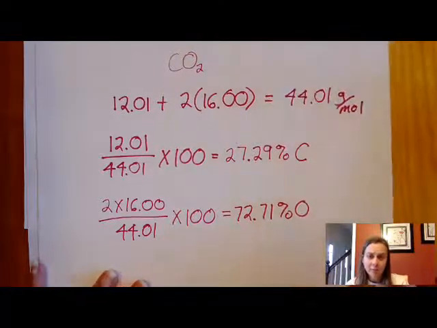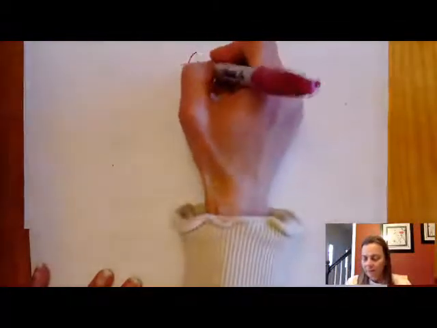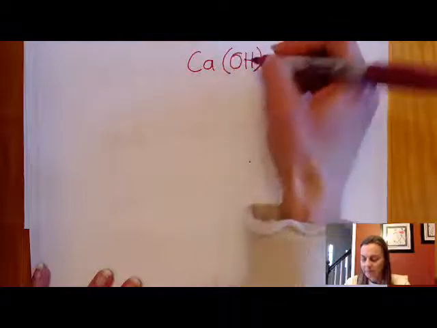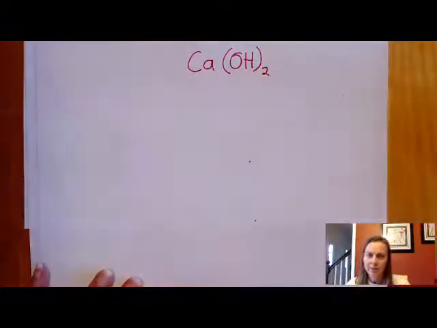I'll do one more, and that is going to be calcium hydroxide. If we find the molar mass of calcium hydroxide, remember calcium has a +2 charge, so Ca(OH)2.